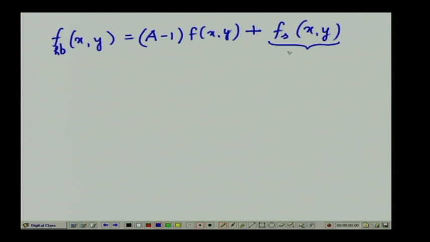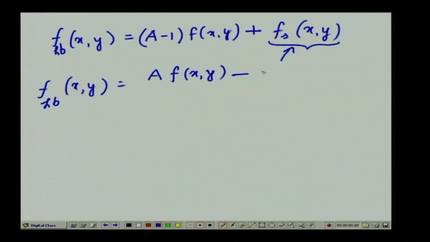So, if I use the Laplacian operator to obtain this sharpened image, in that case the high boost filtered output f_hb(x,y) simply becomes A f(x,y) minus the Laplacian operator on f(x,y), and this is the case when the center coefficient in the Laplacian mask is negative.